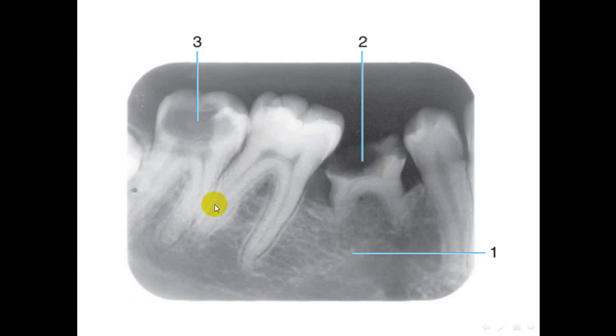As I told you in the previous lecture, you should know the normal anatomy, the number of the teeth you should see in the dental radiograph to decide that there is congenital missing. As you know, this is lower 6, lower 7, lower 8, and here you should see the lower 5.